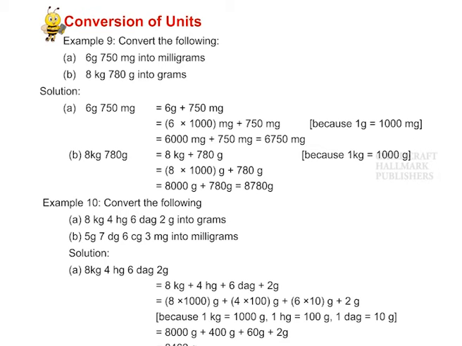Solution: 8 kilograms 4 hectograms, 6 decagrams 2 grams is equal to 8 kilograms plus 4 hectograms plus 6 decagrams plus 2 grams, is equal to 8 into 1000 grams plus 4 into 100 grams plus 6 into 10 grams plus 2 grams, because 1 kilogram is equal to 1000 grams, 1 hectogram is equal to 100 grams, 1 decagram is equal to 10 grams.